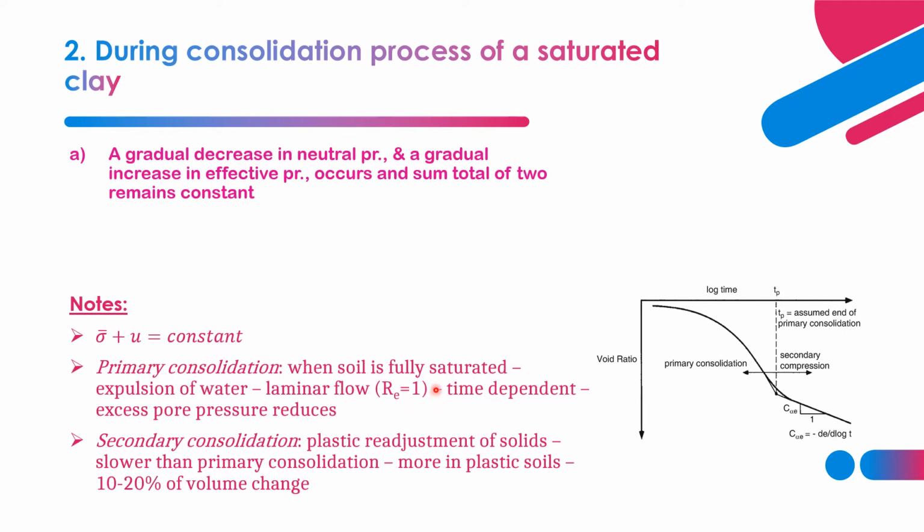When Reynolds number is low, the flow is in laminas, layer by layer. So laminar flow happens and it is time dependent, and excess pore water pressure reduces because of expulsion of water, thereby effective stress increases and sum total remains constant.